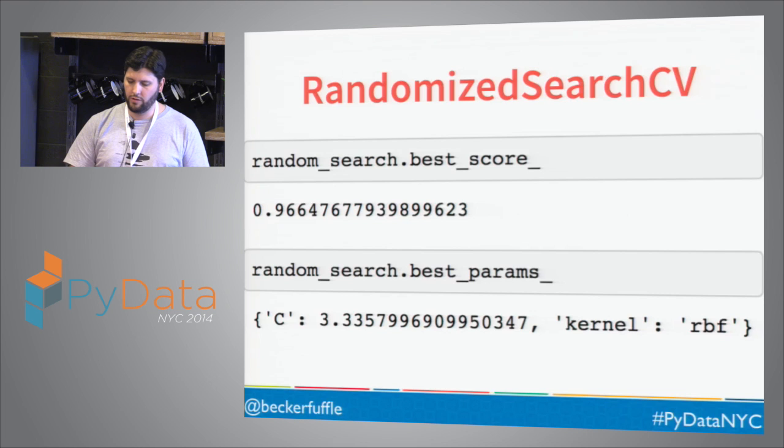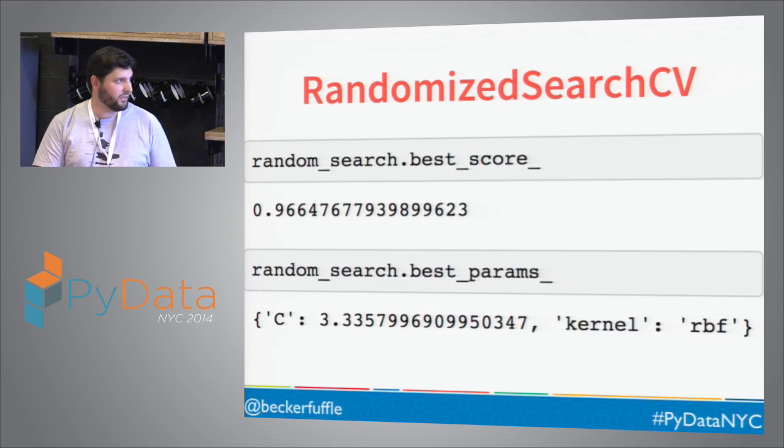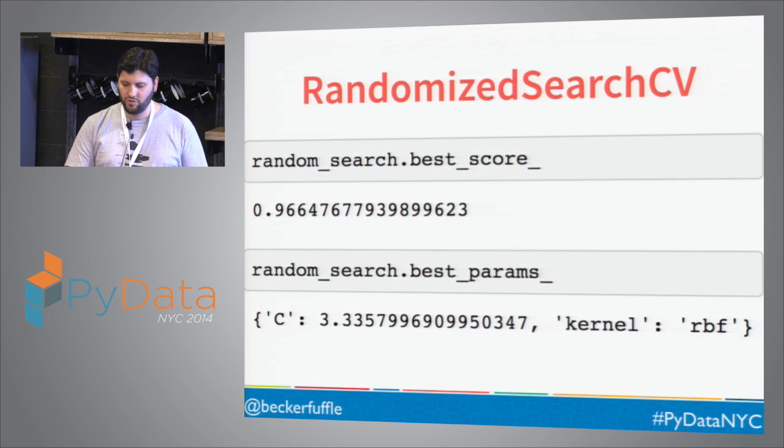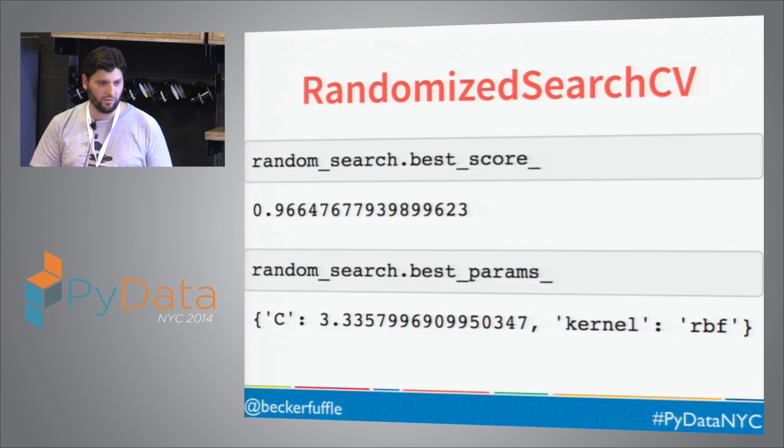Once randomized search has completed, you get the highest scoring classifier along with its score and the parameters. So you can easily run this kind of search on multiple algorithms to figure out which one will perform the best for your particular data set.